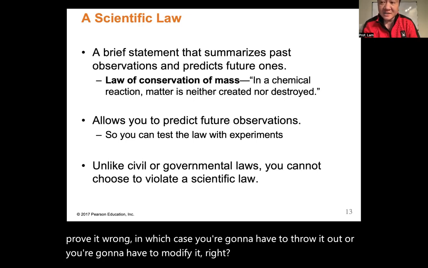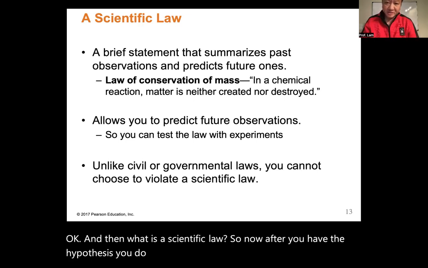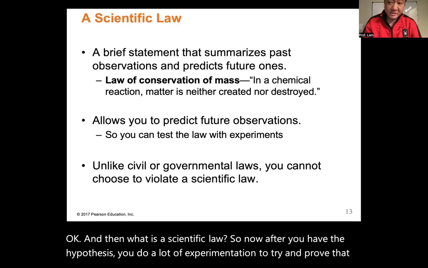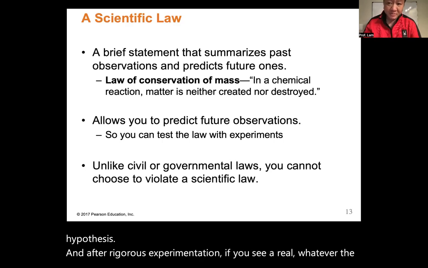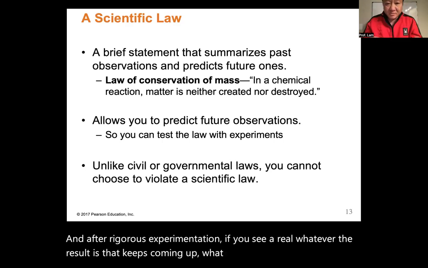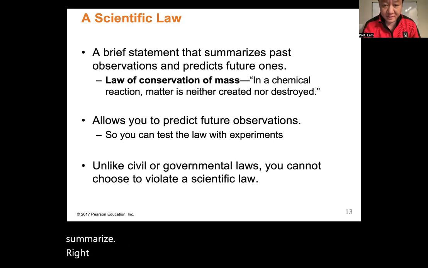Okay, and then what is a scientific law? So now, after you have the hypothesis, you do a lot of experimentation to try and prove that hypothesis, right? And after rigorous experimentation, if you see whatever the result is that keeps coming up, what you can do is summarize the results, right, and you can make it into a law, right?